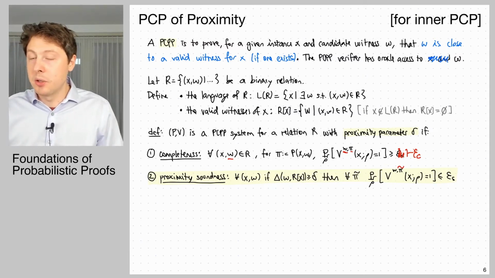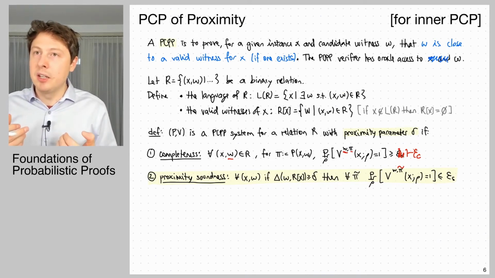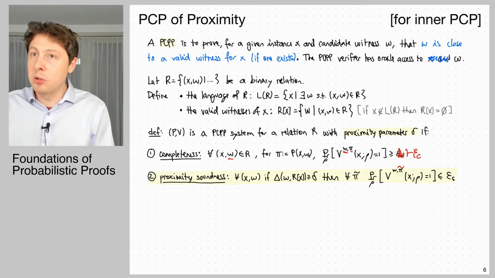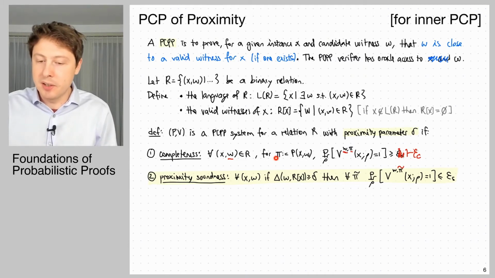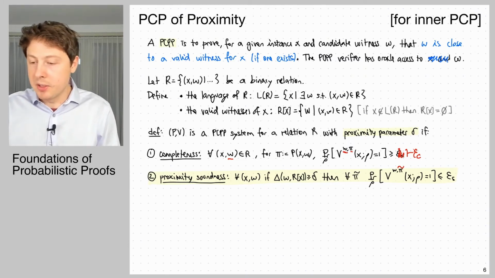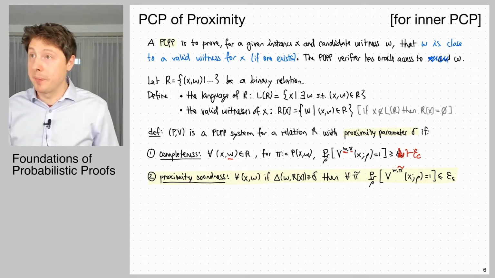The intent is you want to be convinced that the candidate witness is close to a valid witness. In the good case, if it really is a witness, then you accept. If it is far, you reject.